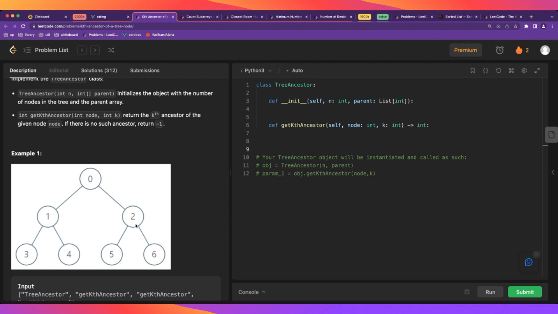And the idea is to pre-compute a table. So we want to pre-compute the kth ancestor for every node in the tree, but we are going to restrict ourselves to k's that are powers of 2.